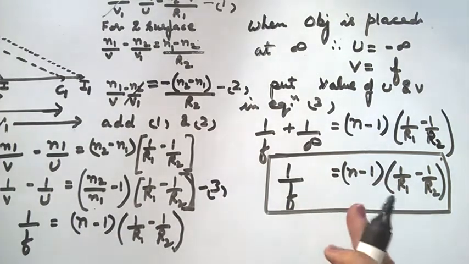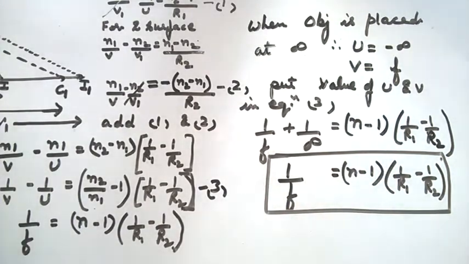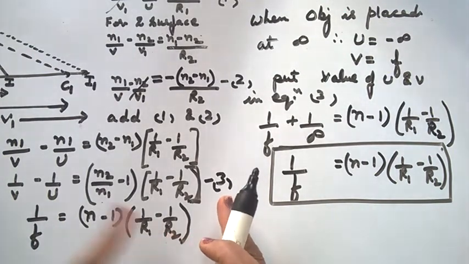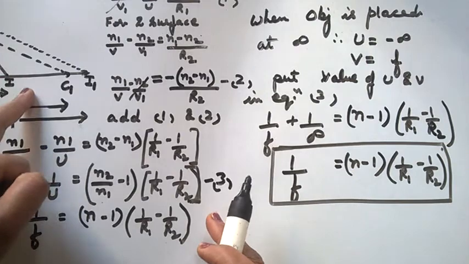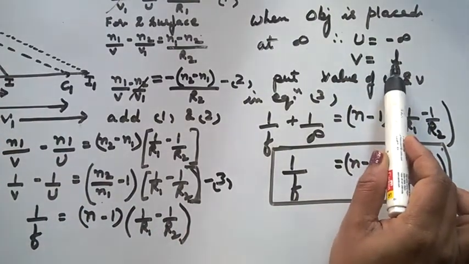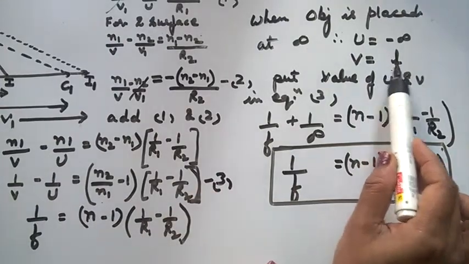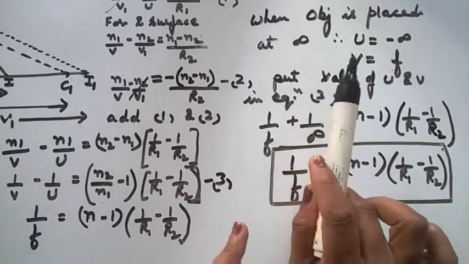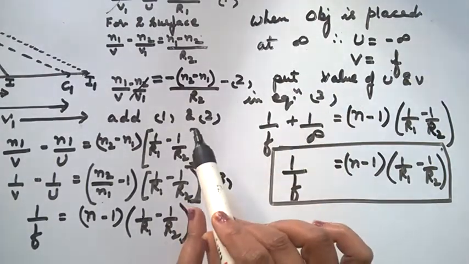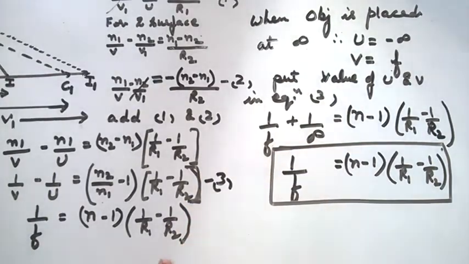Let's derive it for a concave lens also. In a concave lens, there is a difference of only the ray diagram. That is, the image in the convex lens is formed towards the right side of the lens, and in the concave lens the image is formed towards the left side of the lens.